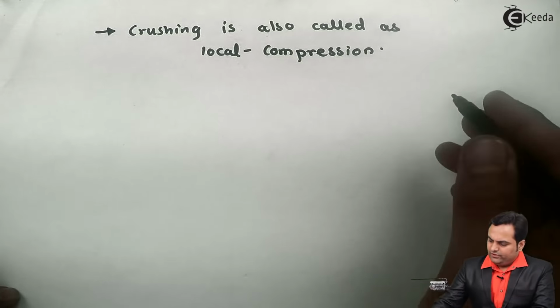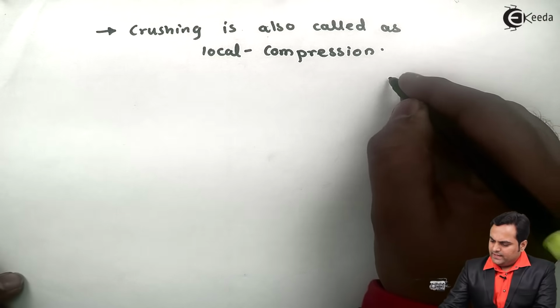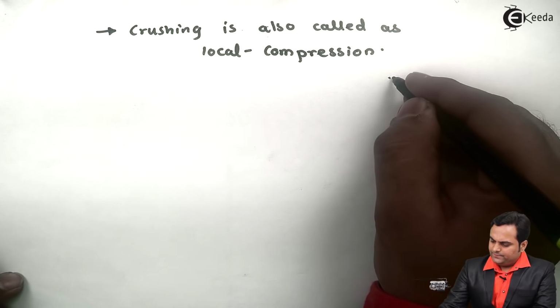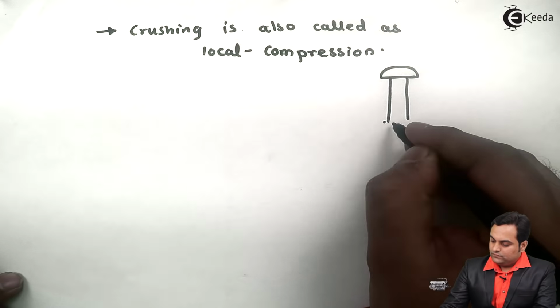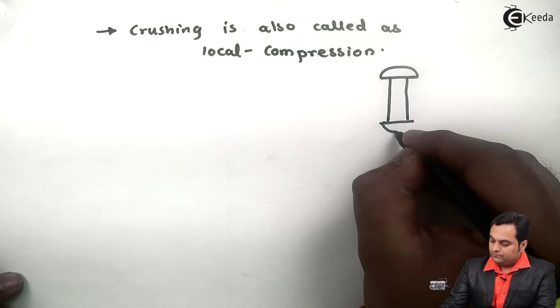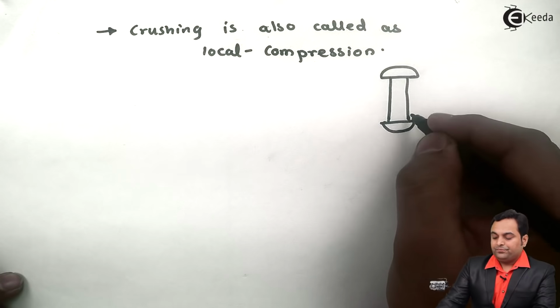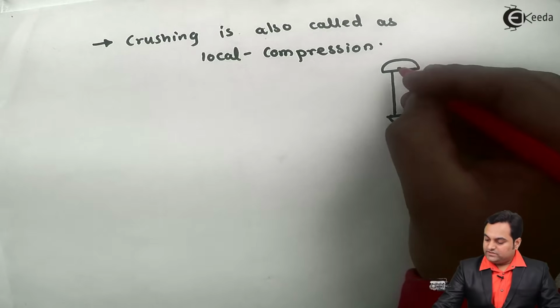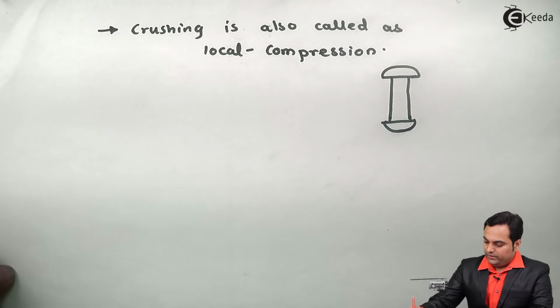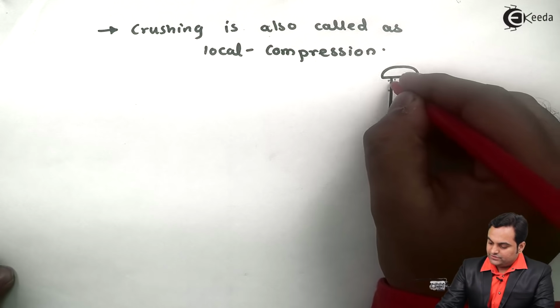Like for example, for a rivet, if I draw it separately here, this rivet will not break, but its surface will be converted into fine powders like this.